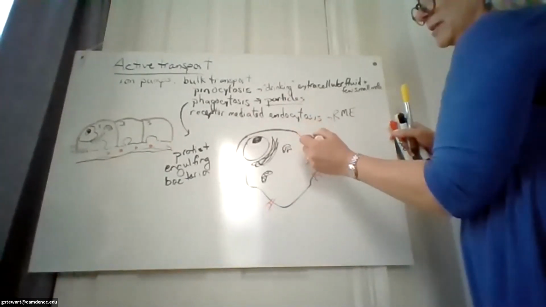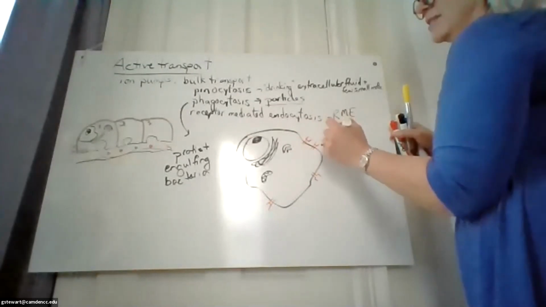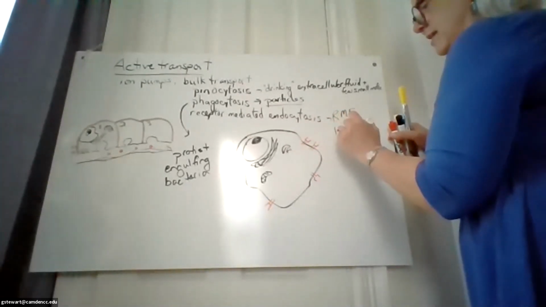Receptor-mediated endocytosis, you need a receptor, which I made in orange, and then you need a ligand that's going to bind to that receptor.